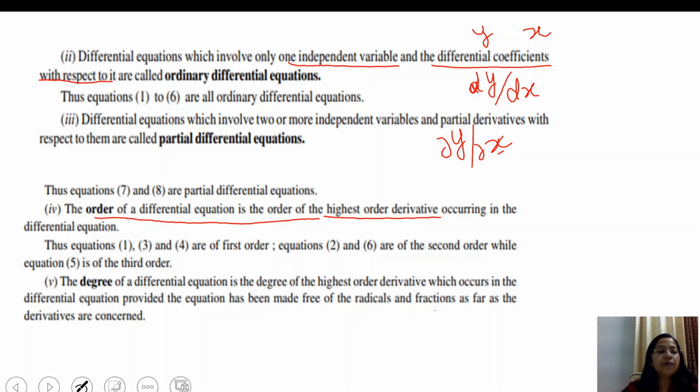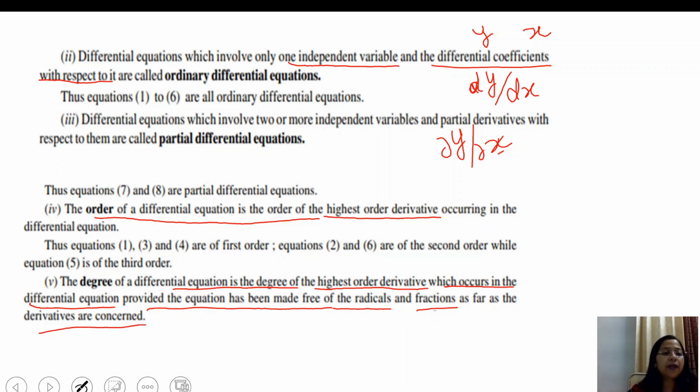Now coming to the degree of a differential equation. Degree of a differential equation is the degree of the highest order derivative which occurs in the differential equation, provided the equation has been made free from radicals and fractions as far as the derivatives are concerned. Right?